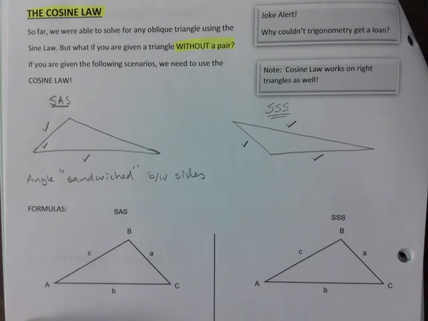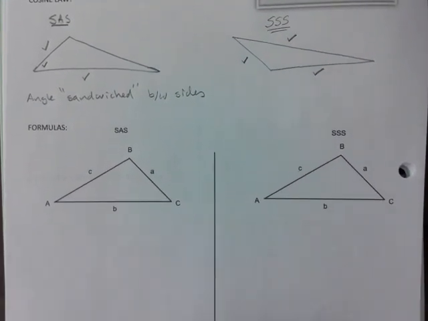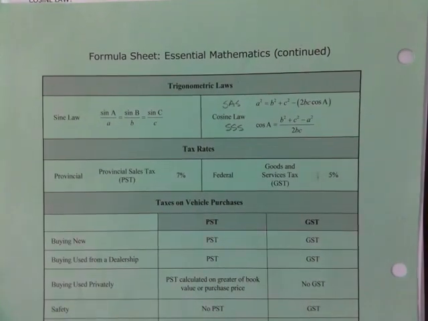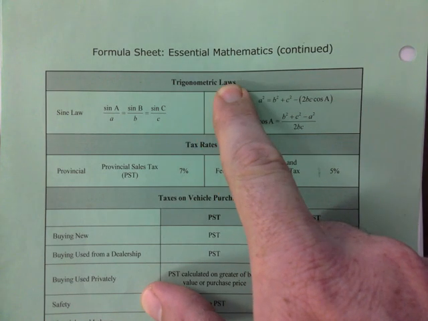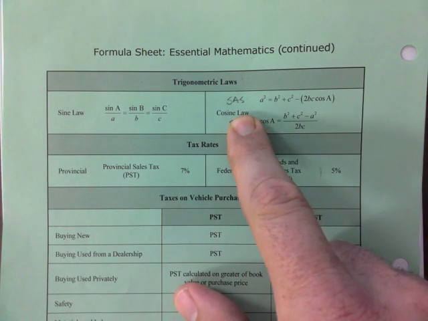And I will tell you that there are two different formulas. They are related, but here they are. They're on your formula sheet, by the way. There's trigonometric laws. This was the sine law, and here's your cosine law.